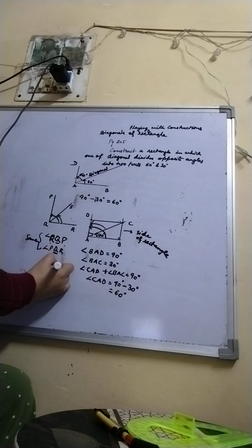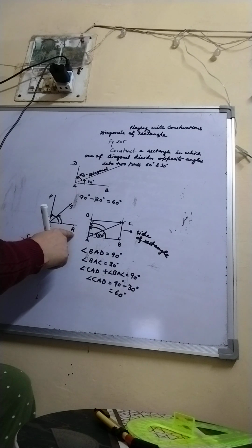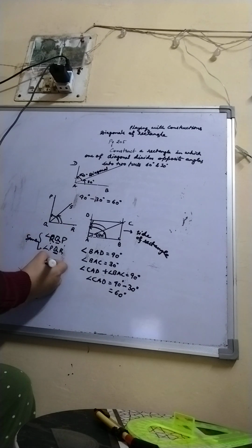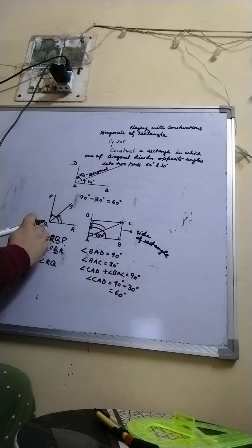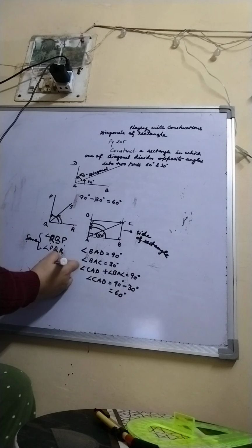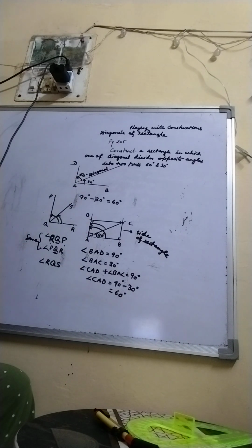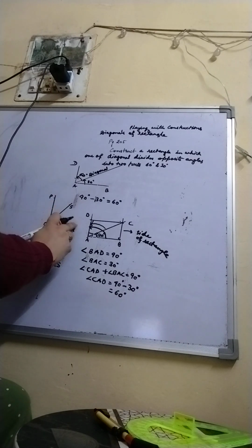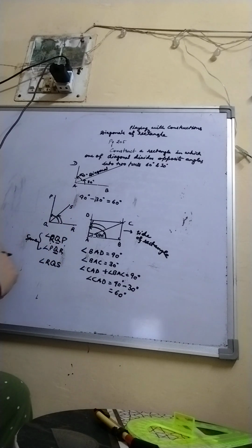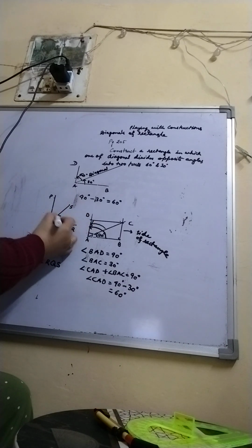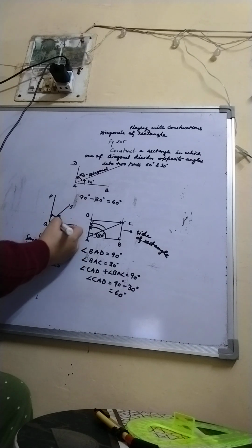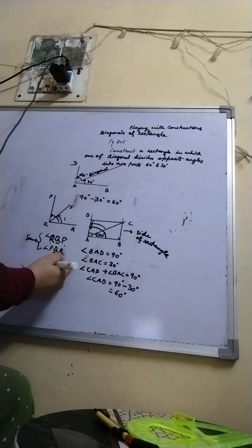It should come in the middle. Where are the ends? R and the other end is S. So R, Q, S. This is one of the angles. The whole angle is PQR. The divided angle is angle RQS.